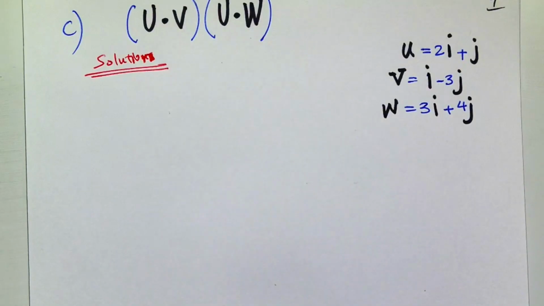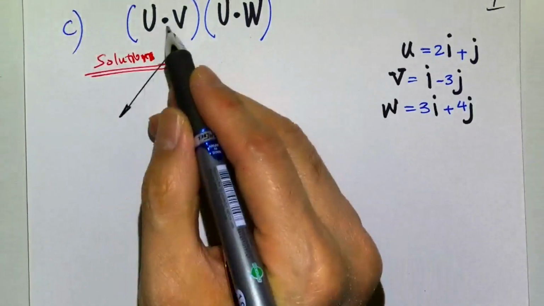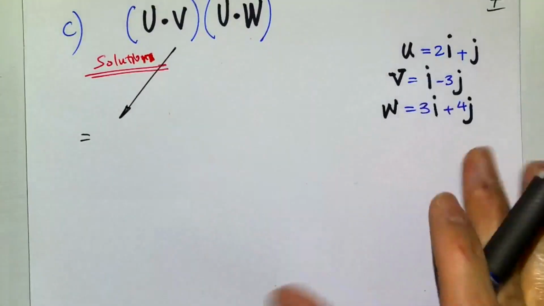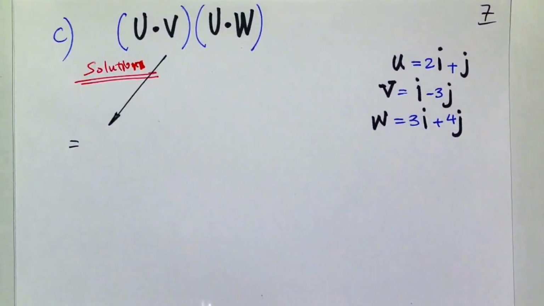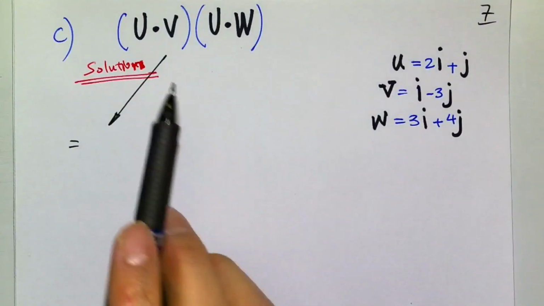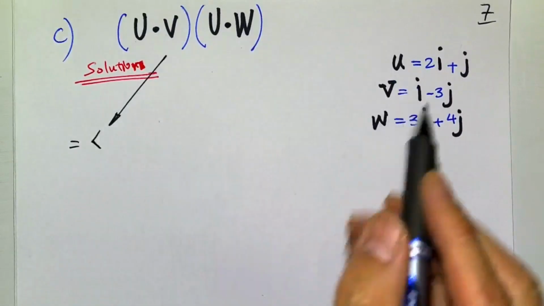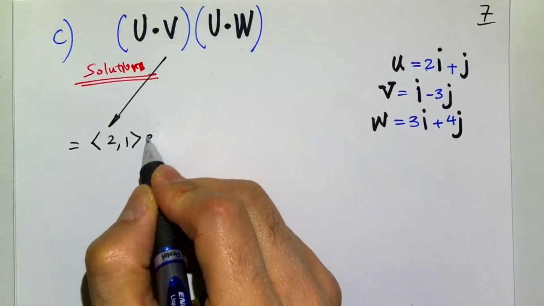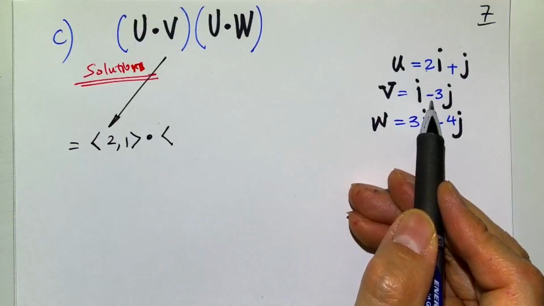Okay, so I will begin by looking at these. So we have the dot product of u and v, right? So what do we have? u is 2, 1. Dot product v is 1, negative 3.